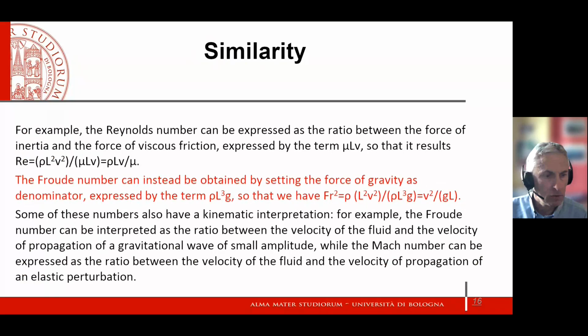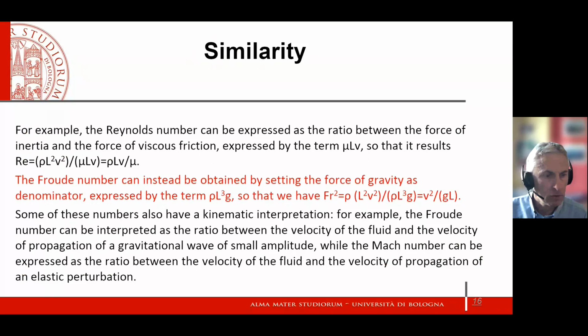So for instance, the Reynolds number can be expressed as the ratio between the force of inertia and the force of viscous friction, expressed by the term mu L V, where mu is the dynamic viscosity of the fluid. So the result is, for the Reynolds number, at the numerator you have rho L square V square.